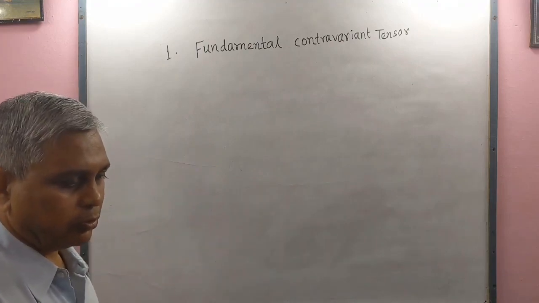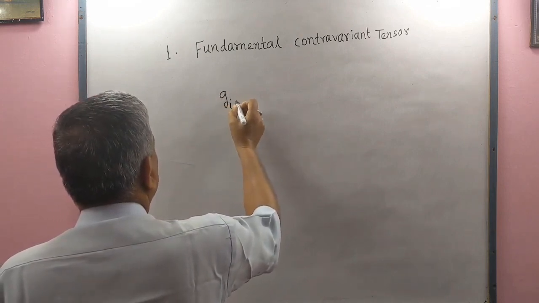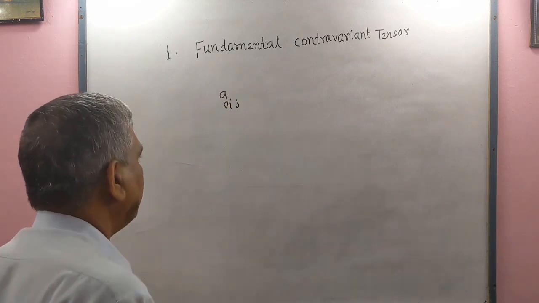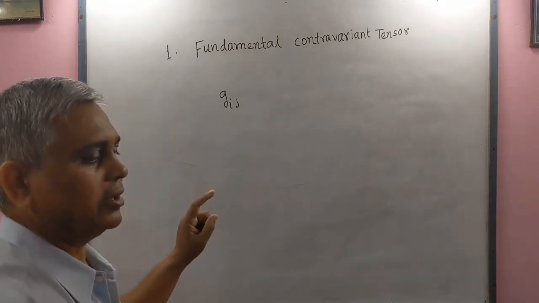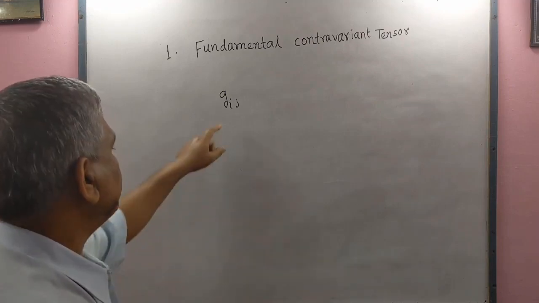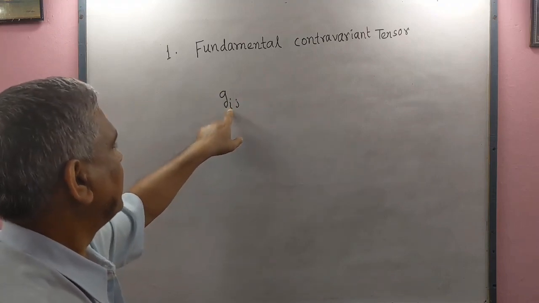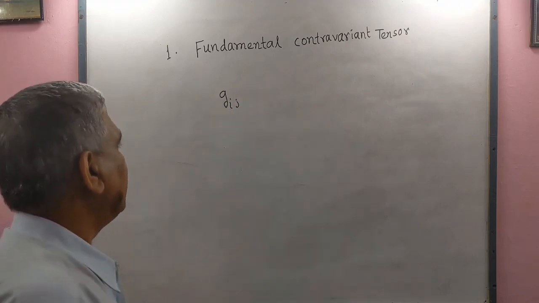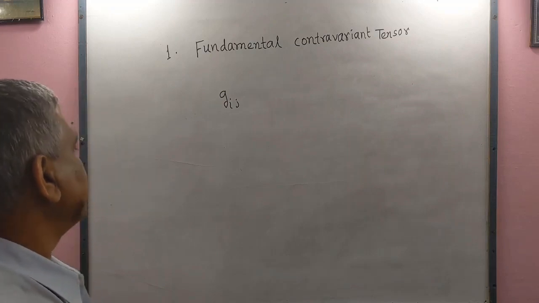As we already know that Gij is a metric tensor which is symmetric and covariant of rank 2. It is said to be fundamental covariant tensor. But today I will discuss fundamental contravariant tensor.